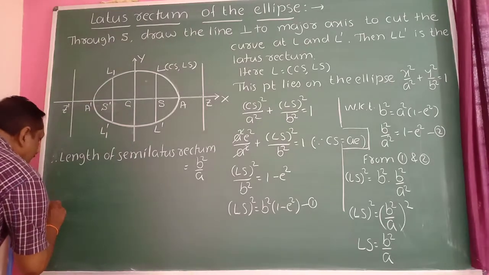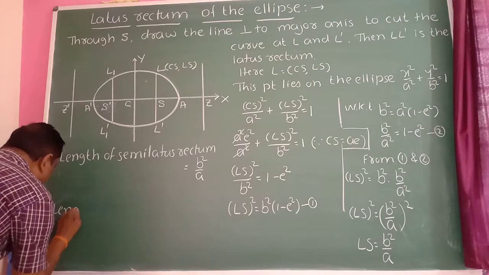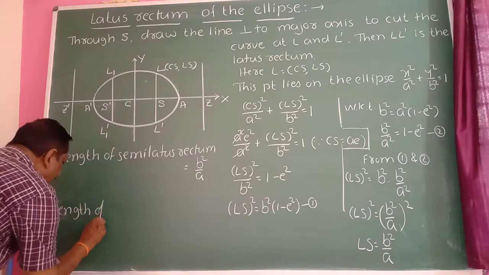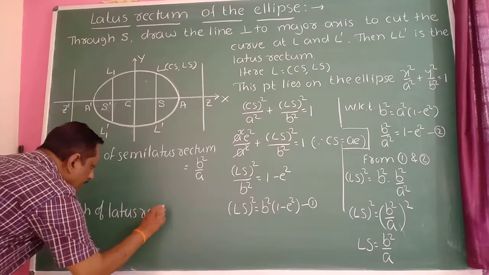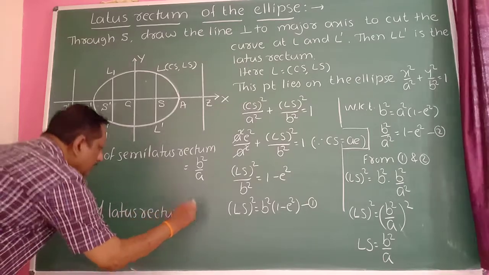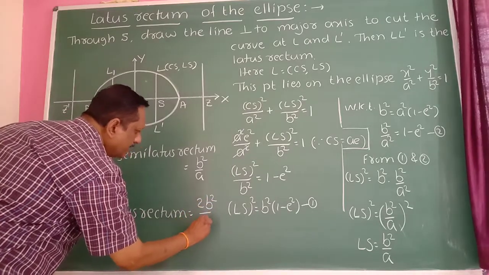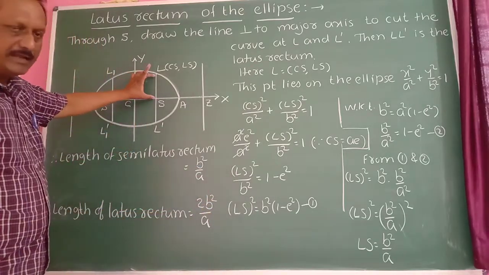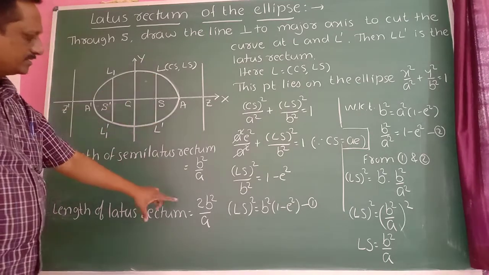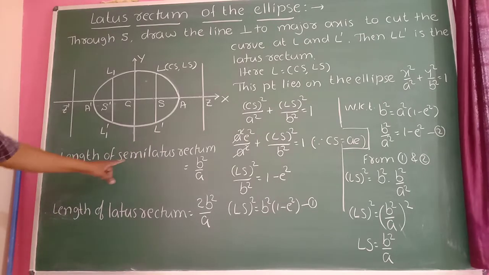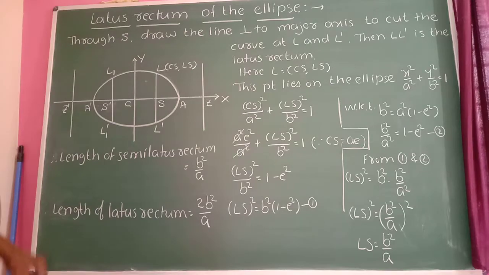Therefore, the length of the latus rectum is equal to 2 times b square divided by a. This is the length of the semi-latus rectum, and this is the length of the latus rectum.